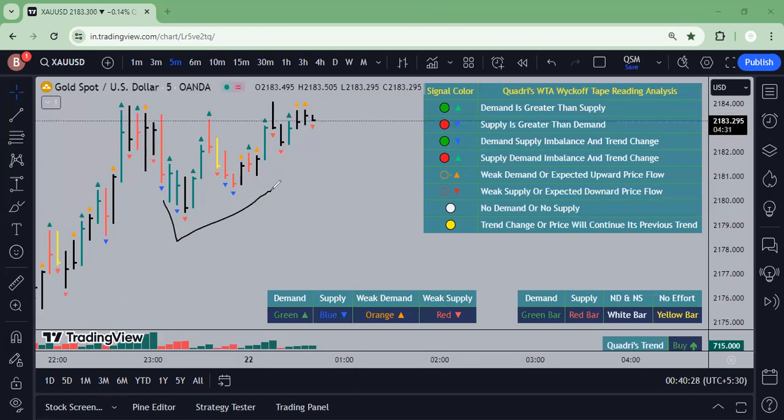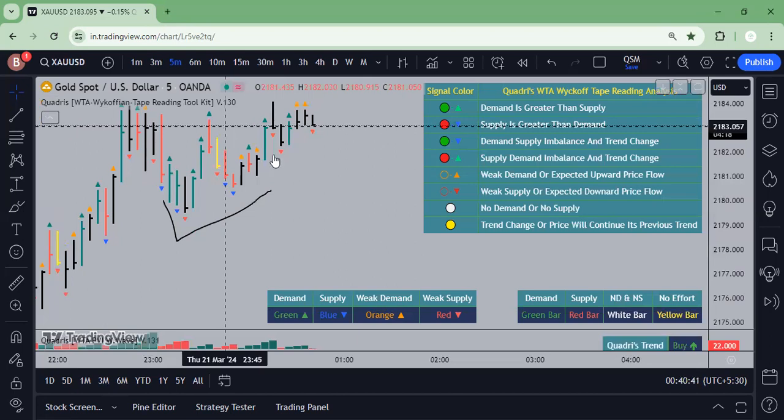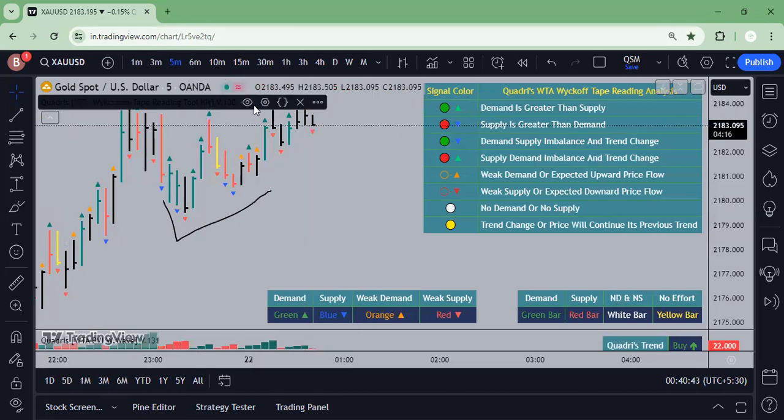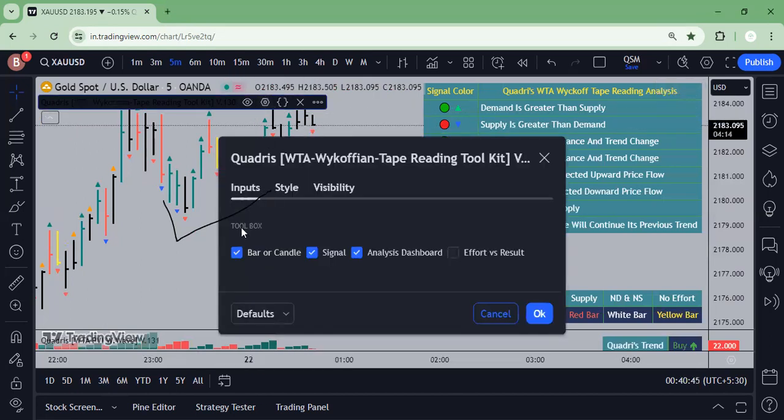In the previous version, Tape Reading Toolkit 109, a trader had to go into the settings tab under the name of toolbox.